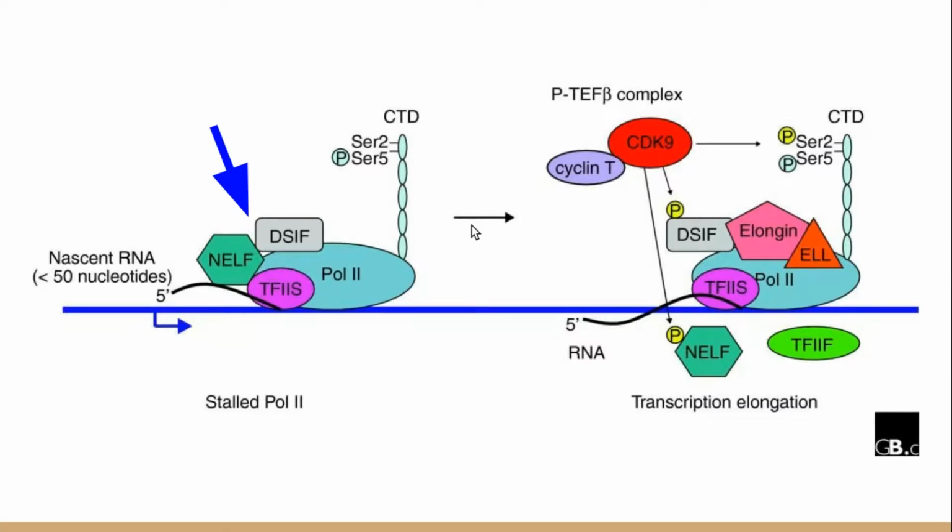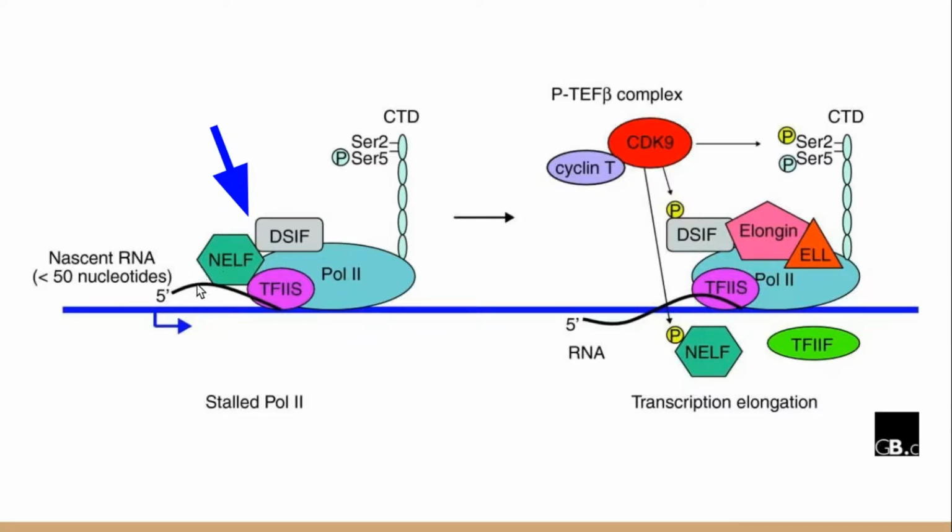And NELF and DSIF are displaced by two main events: phosphorylation by PTEF-beta, or P-TEFb, and also enhancer RNA. Enhancer RNA is a type of long non-coding RNA that has recently been shown to actually bind NELF, and it functions as kind of a decoy, because this enhancer RNA binds to NELF and prevents it from inhibiting RNA polymerase 2 elongation.